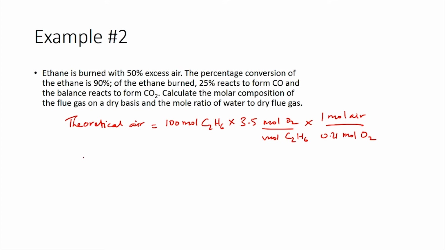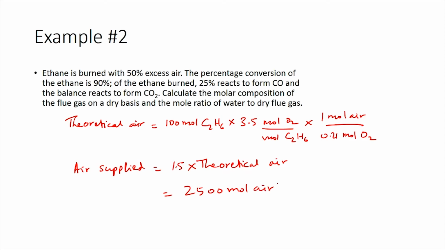This would give us the number of moles of air which is required. So, to calculate the amount of air which is supplied, we would multiply this by 1.5 times theoretical air calculations. So, the amount of air which is actually supplied would be 2500 moles of air. We also have been told that 90% of ethane is consumed in the conversion.